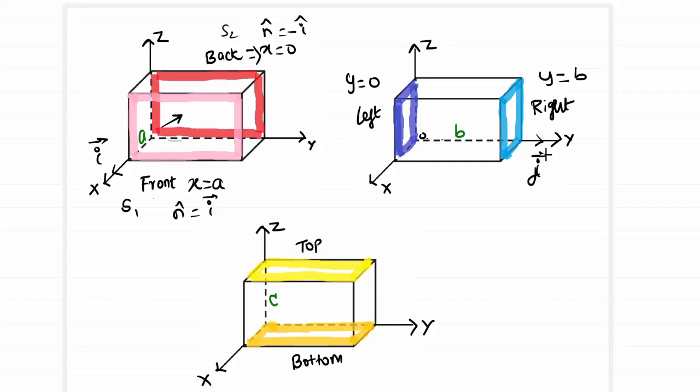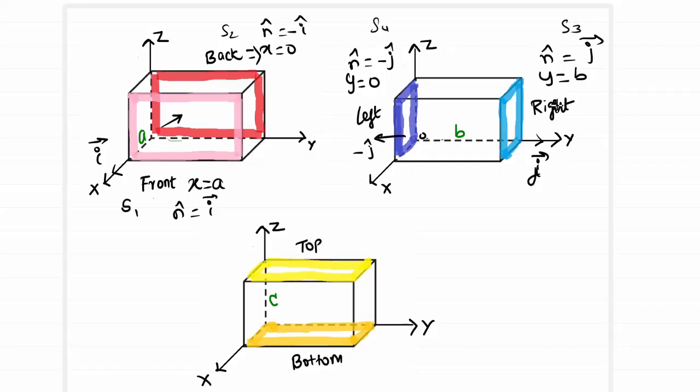It is your j vector, so my n cap will be equal to j vector. For the left plane, your unit vector will be pointing in the opposite direction, so n cap will be minus j cap. Now this is my S3 and this is my S4.